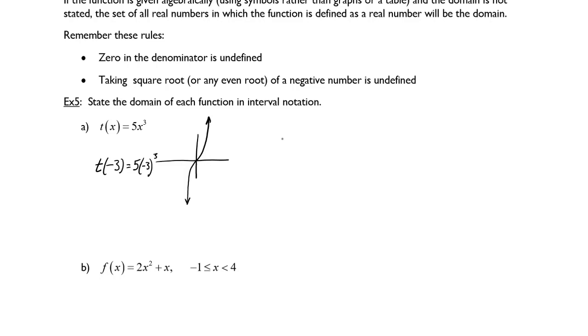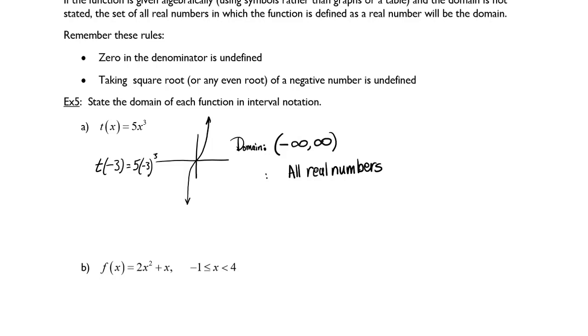So I could say, using interval notation, that my domain is from -infinity to +infinity. You could also say all real numbers. Sometimes you'll see this domain and then a colon and then the interval on which it is true.